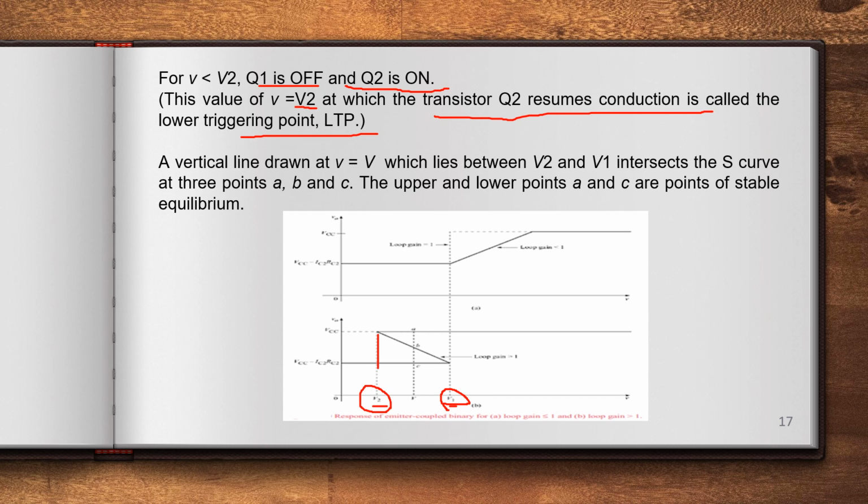The difference between V1 and V2 is called hysteresis.